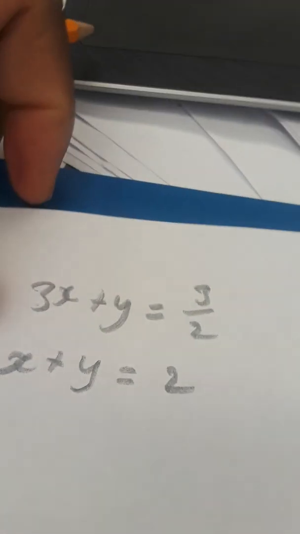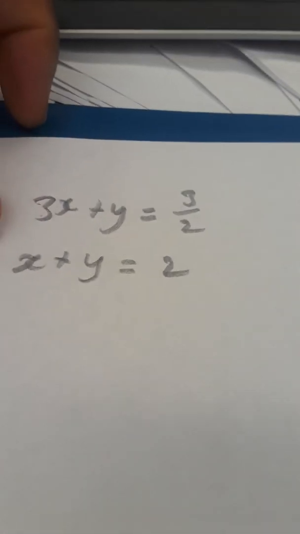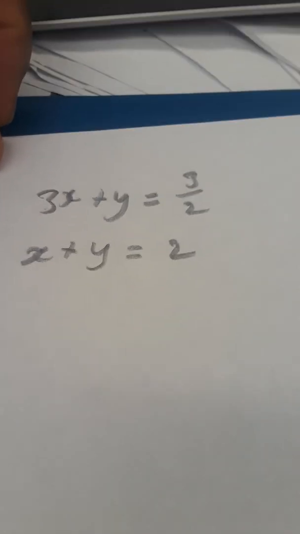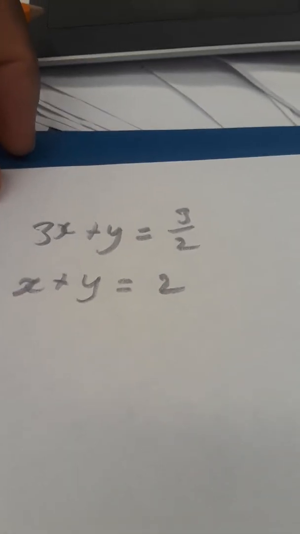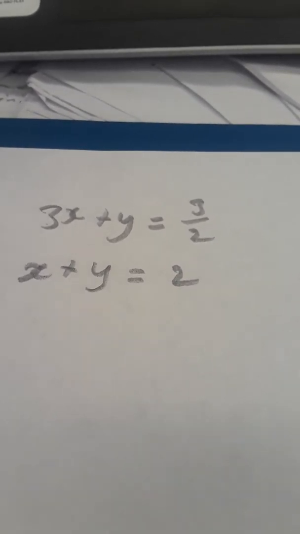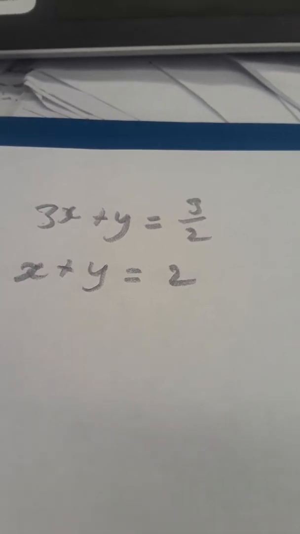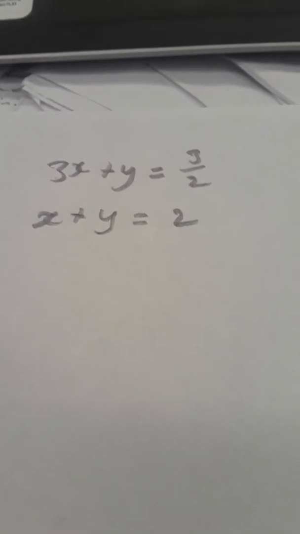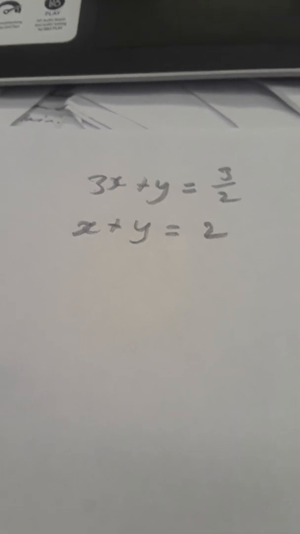Now, you have to just try to set one of these equations equal to y or x, and then substitute that equation in the other equation. And what I mean by this, we should always look for the real easy equation to work out, okay?